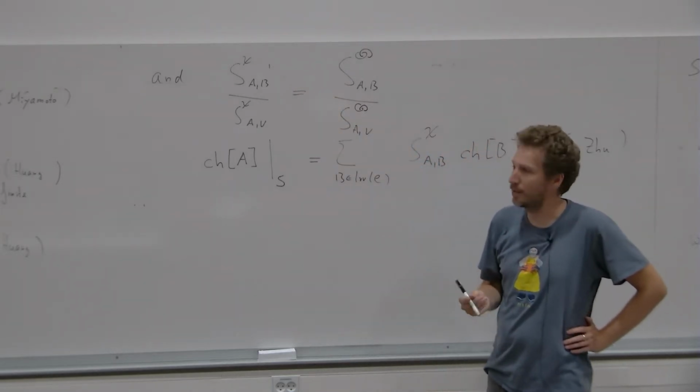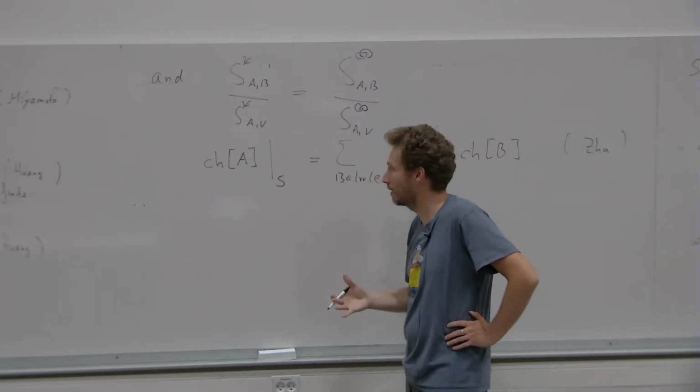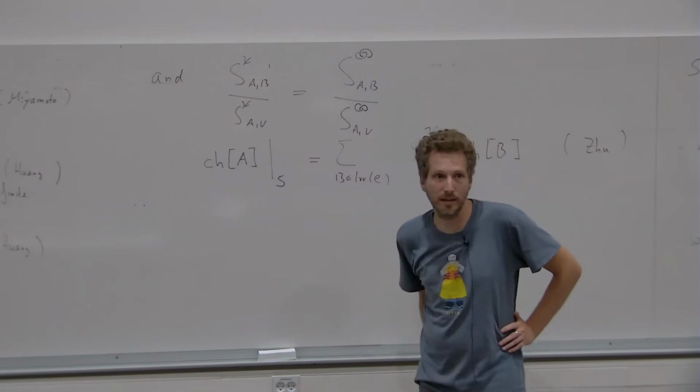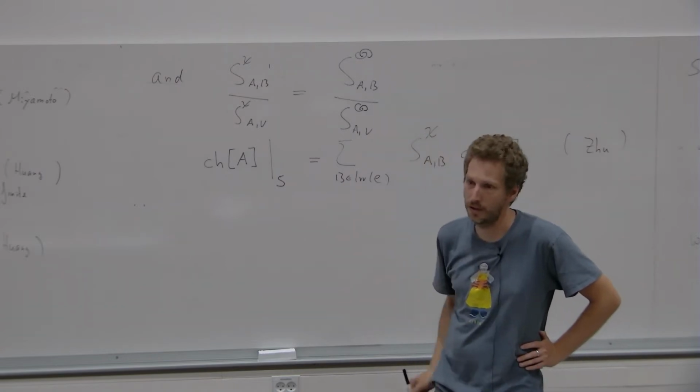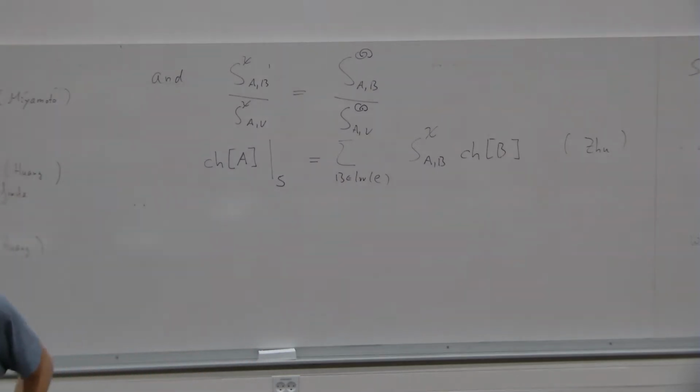That's kind of nice because these fusion rules are hard to get. Modular transformations are much, much simpler to compute. These are one of the first things you can compute.